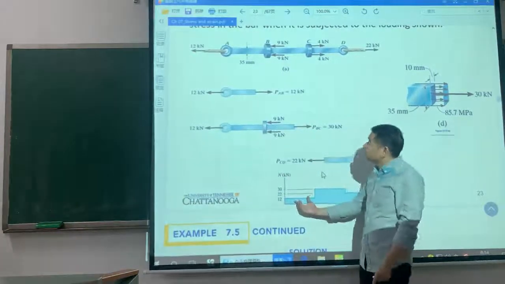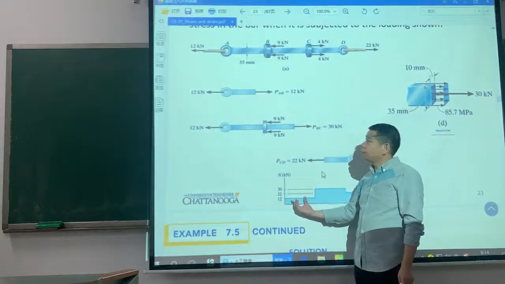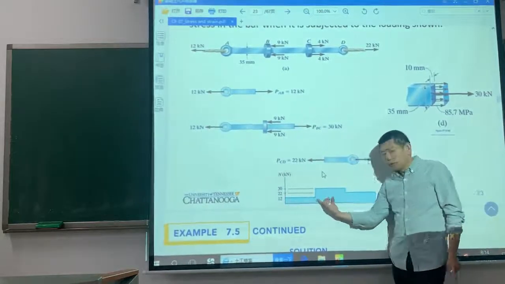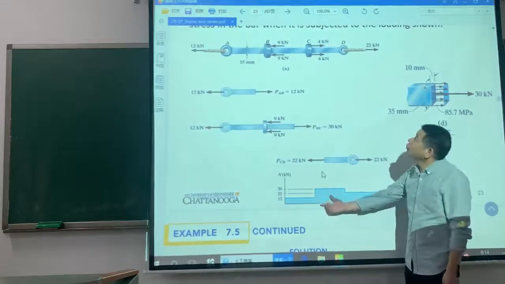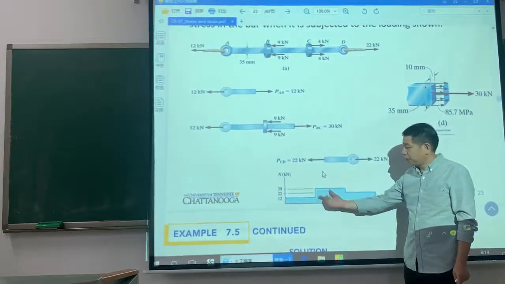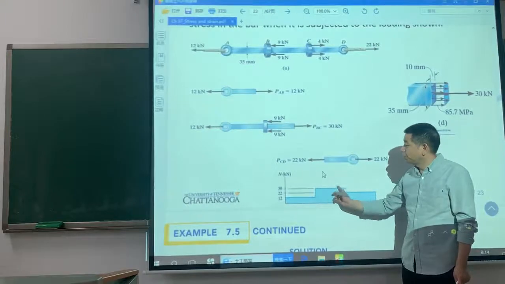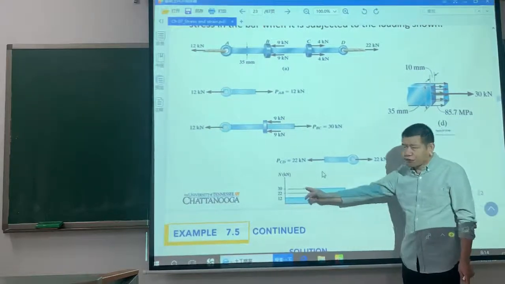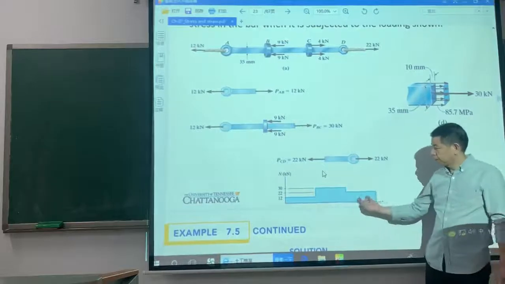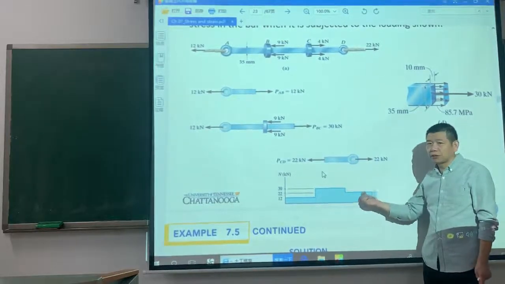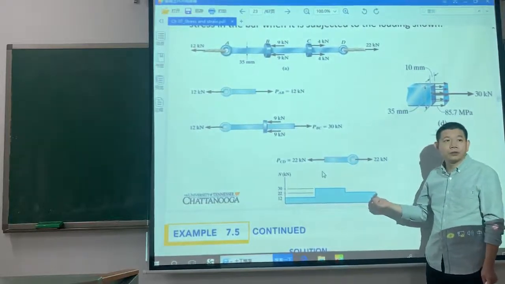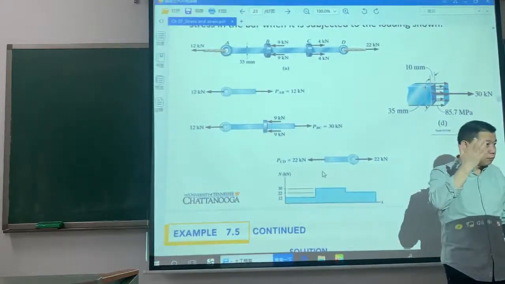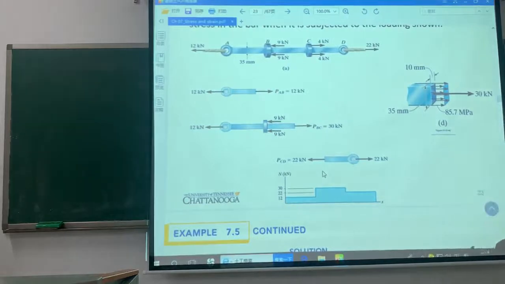In section AB, the normal force is treble. For segment BC, the internal force is 30. In this segment, it's 22. So let's think about it.